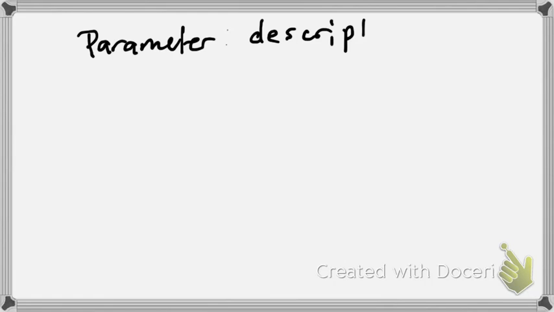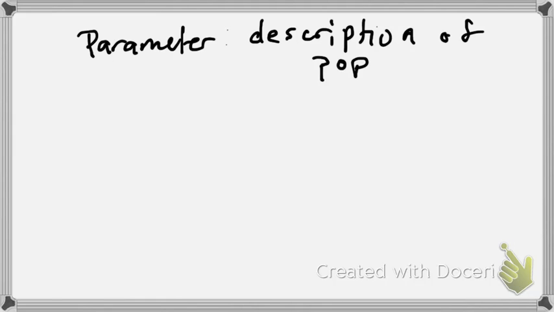The next vocab word, and this chapter is basically all vocab, is a parameter. A parameter is a description of an entire population. So when we think about that, we are talking about the entire population.